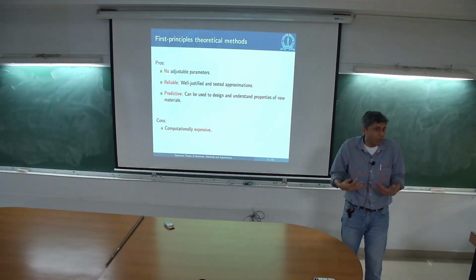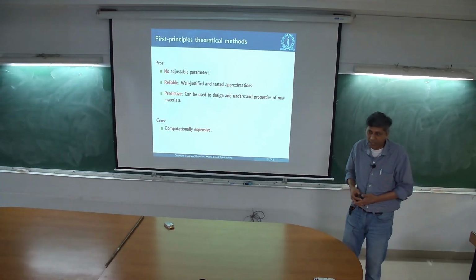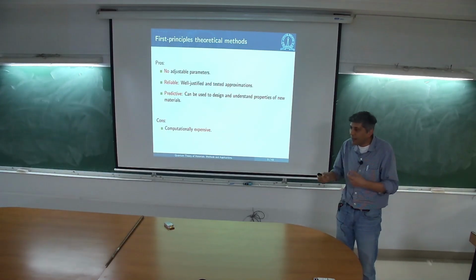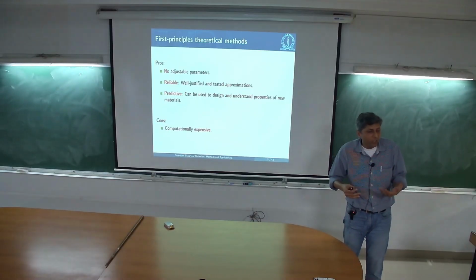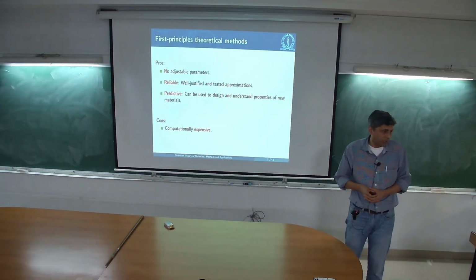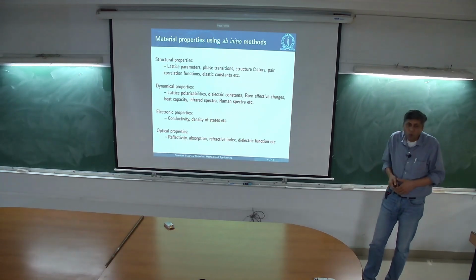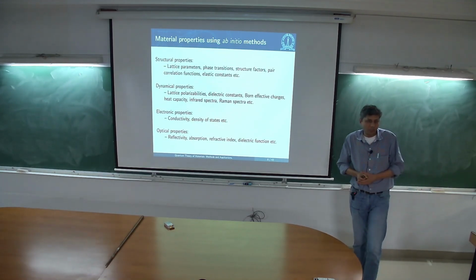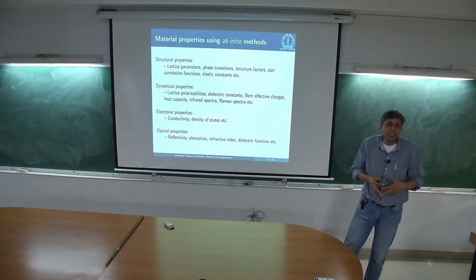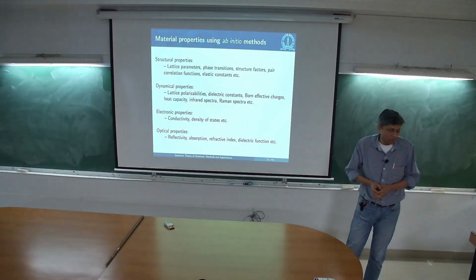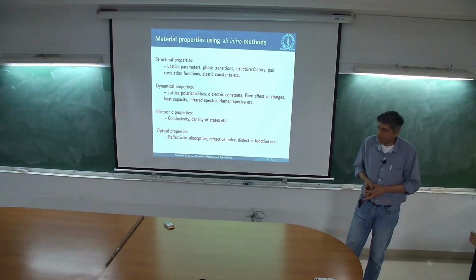Those are not the phenomenology that you will try to understand using this. But nevertheless, band structure kinds of properties are the kinds of properties that you can understand with these methods. Okay. So what are the kinds of properties that one can understand using these first principles methods?